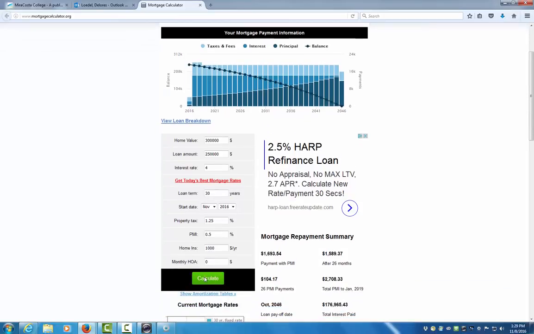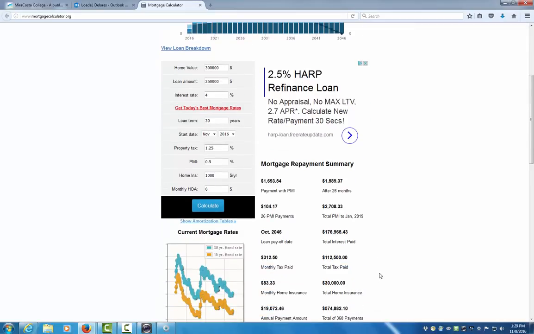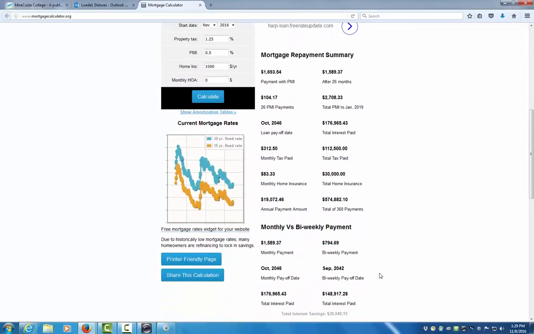And then if we hit calculate, it comes up with all the information here, which is the standard one they have in here when you open it up. So let's take a look at the summary. They show you your monthly payment with this PMI insurance. After 26 months, it's going to go down to this payment because you will have that PMI paid off at that point.